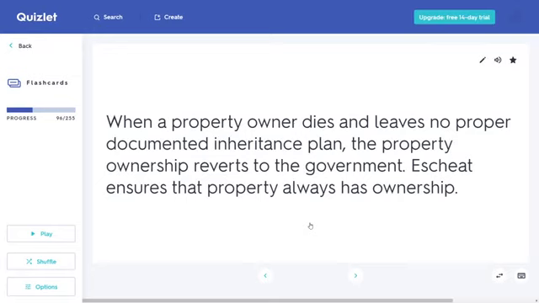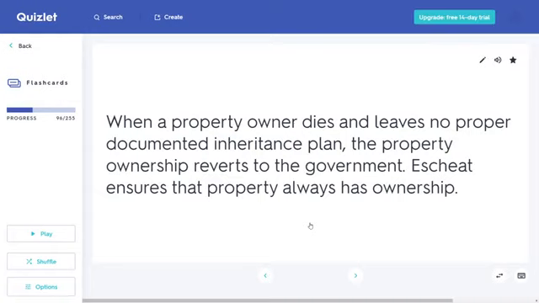And I know this is so specific, but this is the best definition for this. Well, if you have no inheritance plan, the property ownership then reverts to the government. So it's kind of a crappy thing. But the point is, and why our government created this, is so that there wouldn't be a lot of properties just sitting there empty with an owner that was dead or something.